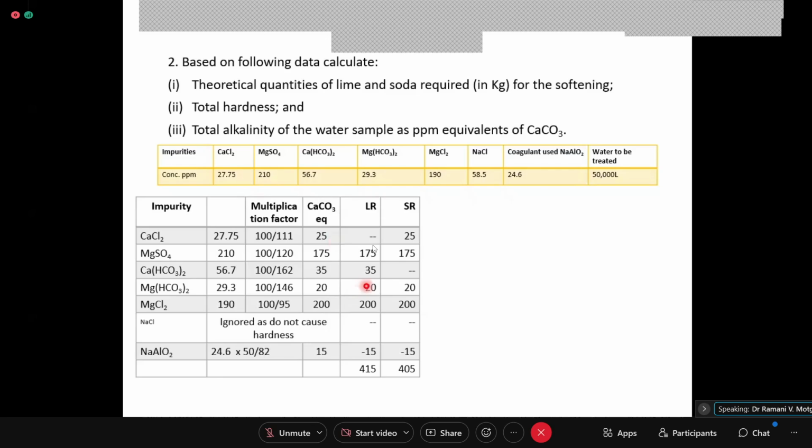The magnesium bicarbonate has been distributed as LR and SR. It's only 14. It should be 14. 40. Yes, it should be 40.